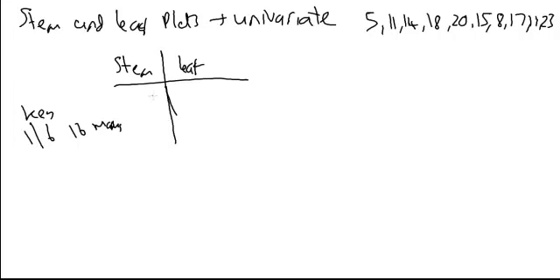So the leading figure can be 2, 1 or 0. If it's a single digit, then we put it on this row. If it's anything from 10 to 19, we put it on this row. And if it's anything from 20 to 29, we put it on this one. So we just enter these figures into the table.